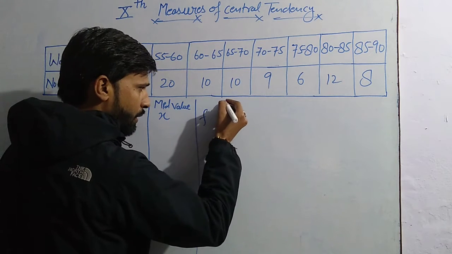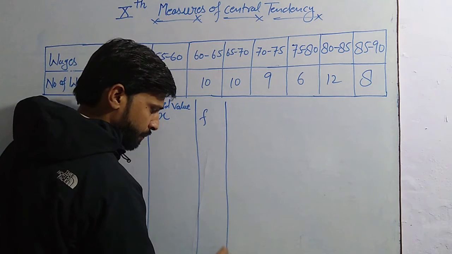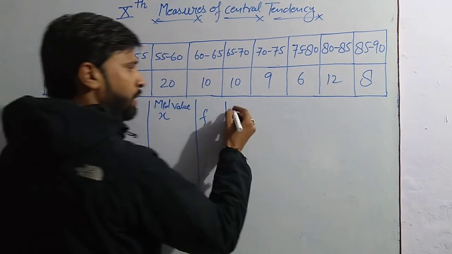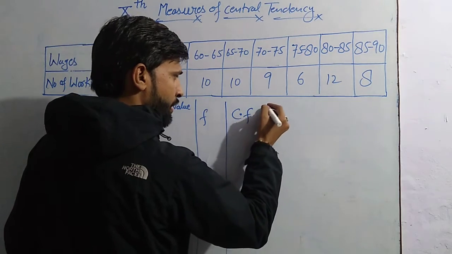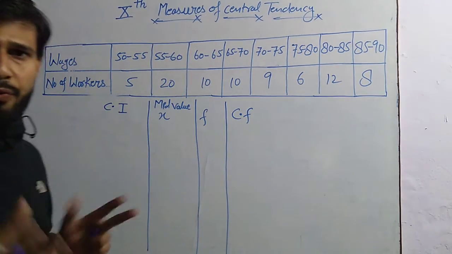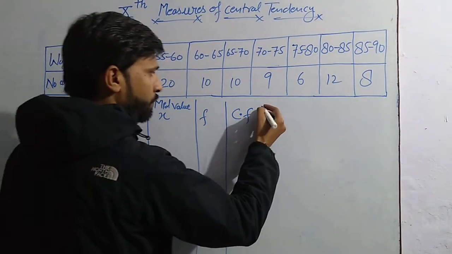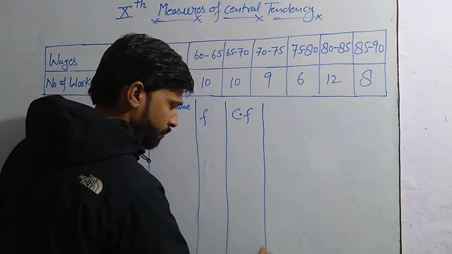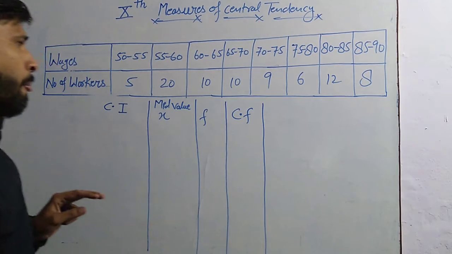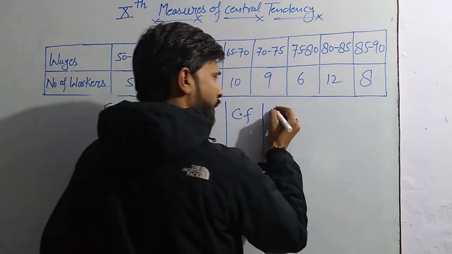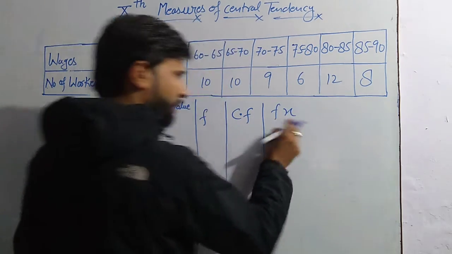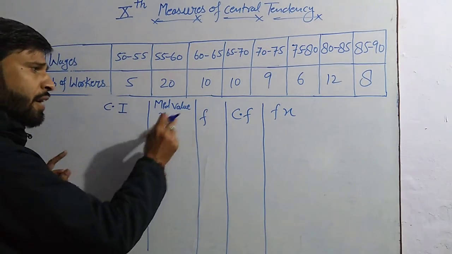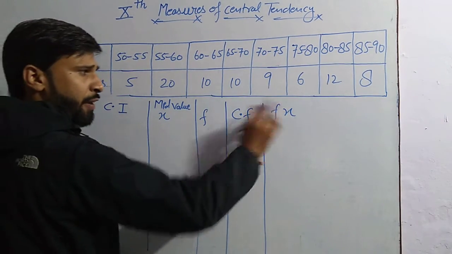It is represented by f. Next is CF. CF means cumulative frequency. Now the next column is fx. This is the product of frequency and mid value, then we get fx.